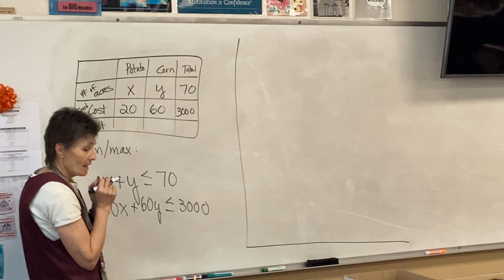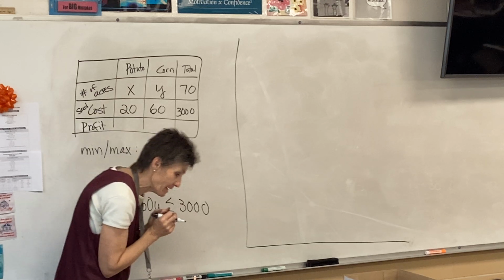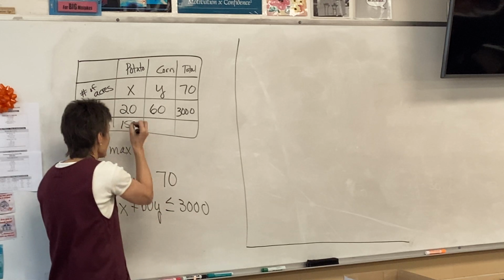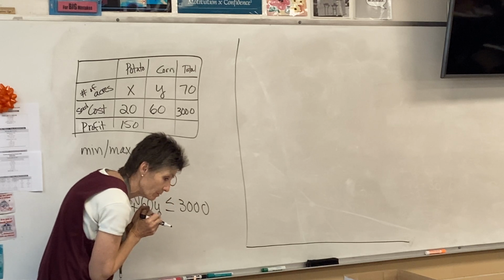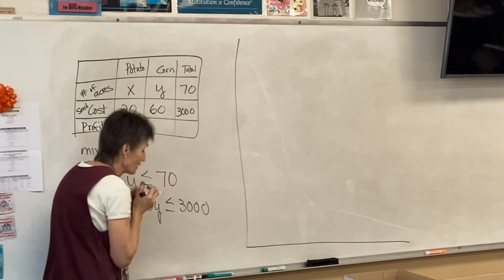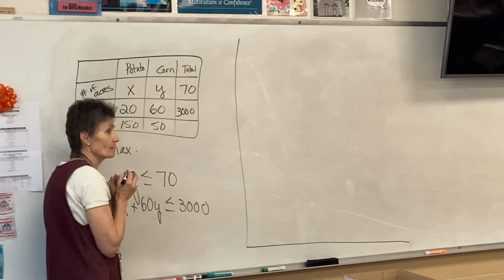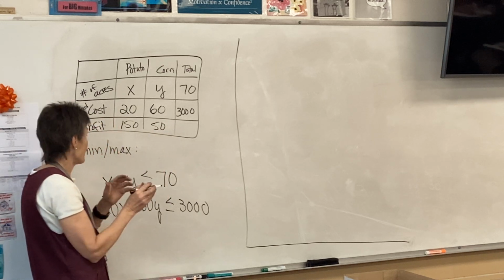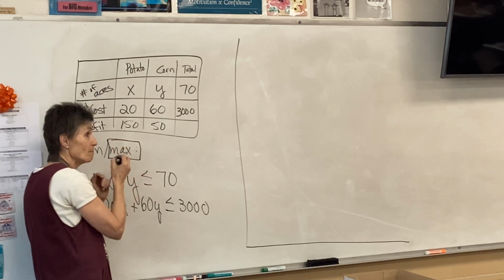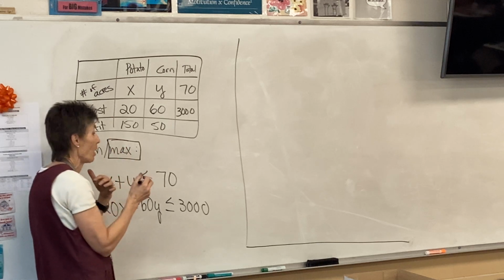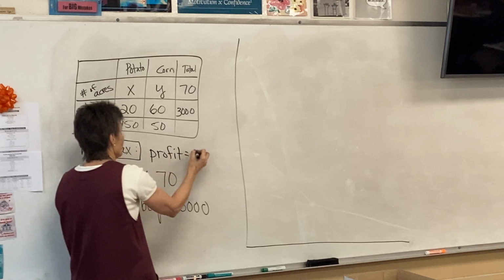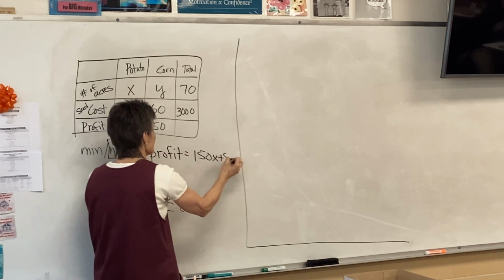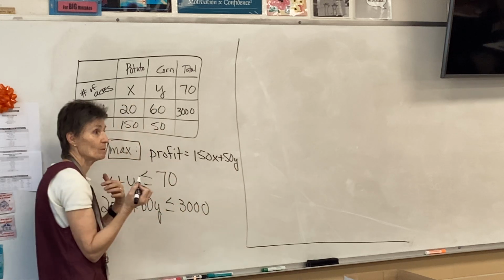And I will make $150 per acre for potatoes, and corn is 50. And this time, I want to maximize, this is a maximum problem. I want to maximize my profit, which is 150X plus 50Y. Would you agree with that?